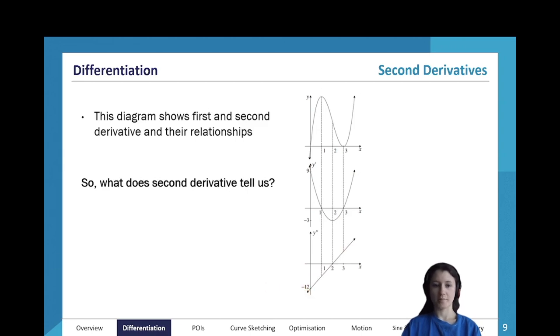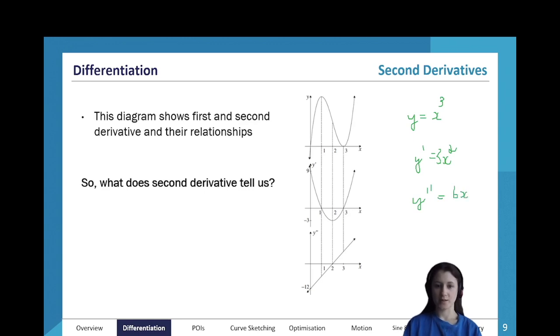And as you might be able to tell, that's because as you're deriving down, you're making things simpler. So as an example, our curve up here might have been something in the order of a cubic. It would be more complex than that, but it would be something like that. Our first derivative would be 3x squared, and our second derivative would be 6x.